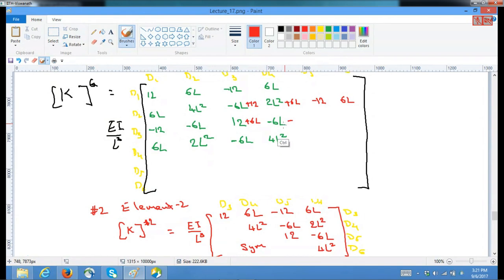So anyway, sorry about that. There was a small mistake. So D3 starts from here. So I should have been writing it from here.